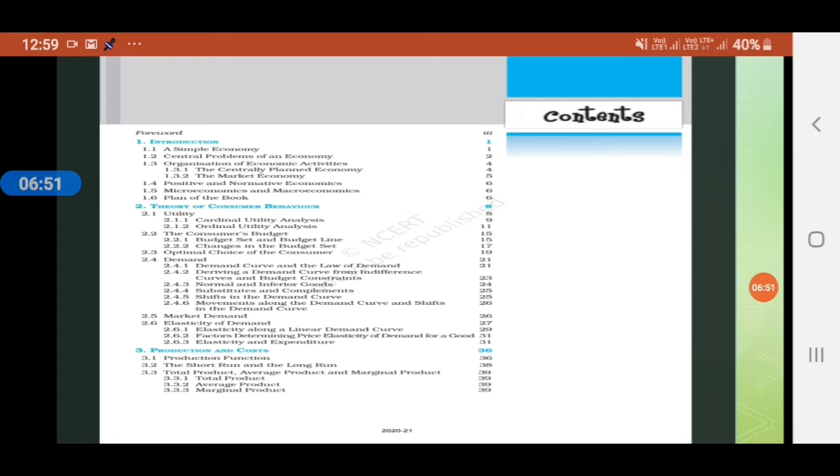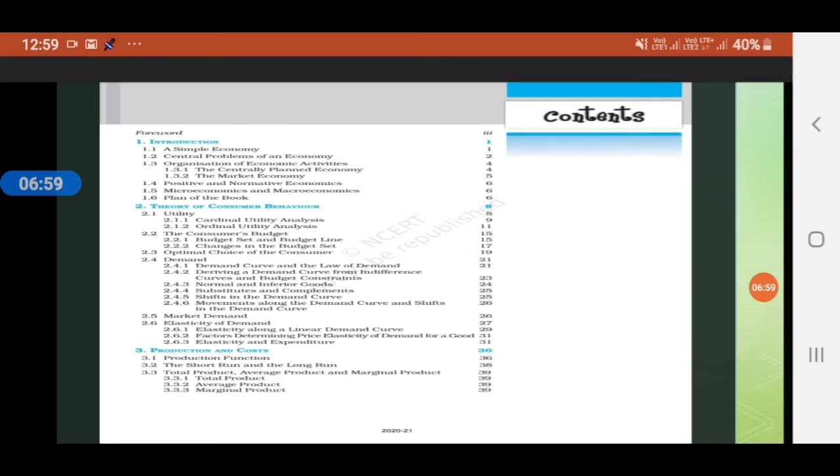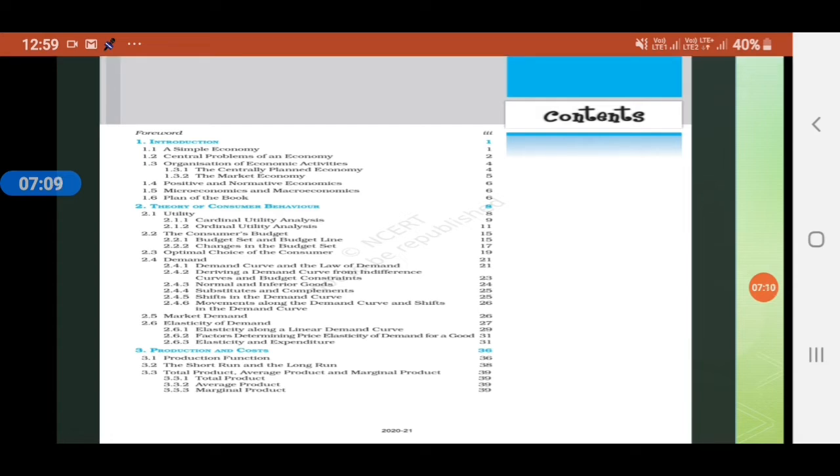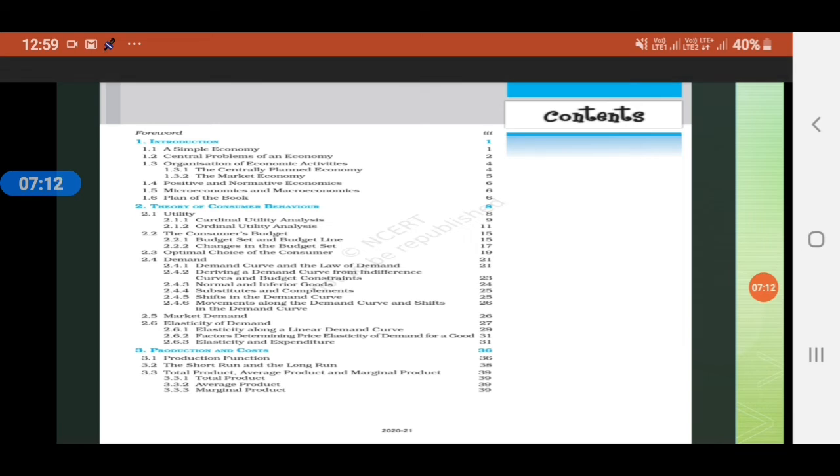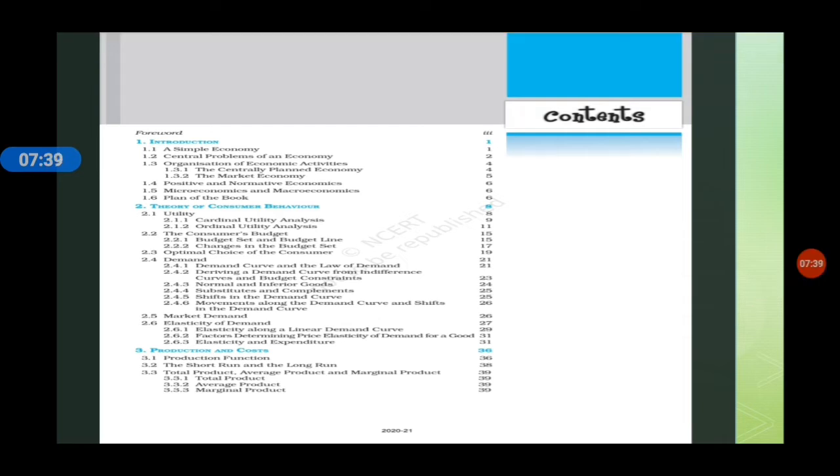Thereafter, shifts in the demand curve. Sometimes the demand curve shifts rightward or upward, and sometimes the demand curve shifts leftward or downward.